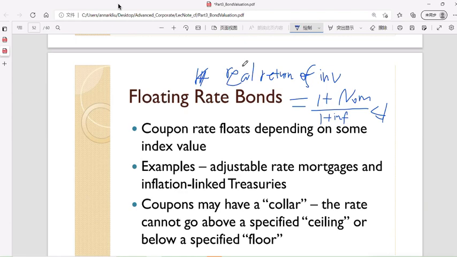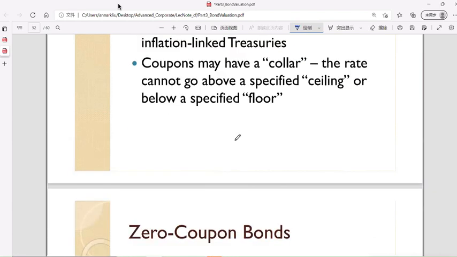So the coupons may have a collar, right? The rate cannot go above a specified ceiling or below a floor. So the rate cannot be too high, otherwise the borrower cannot afford it, or it cannot be too low, right? So that's to protect the borrowers and the lenders. Okay.